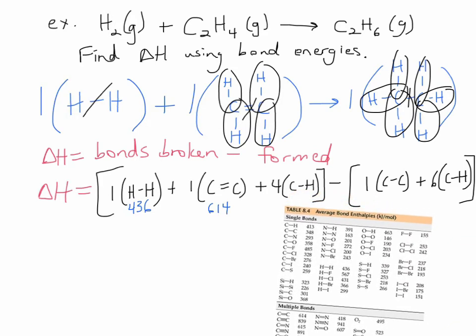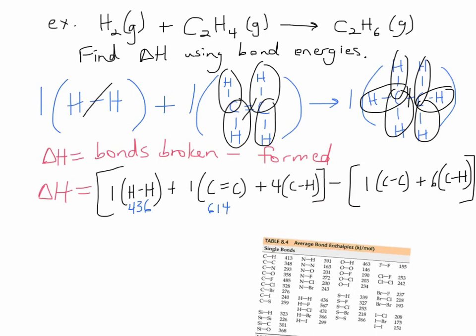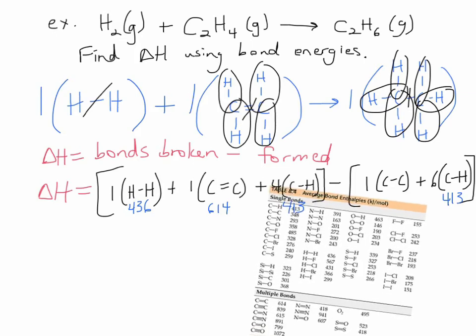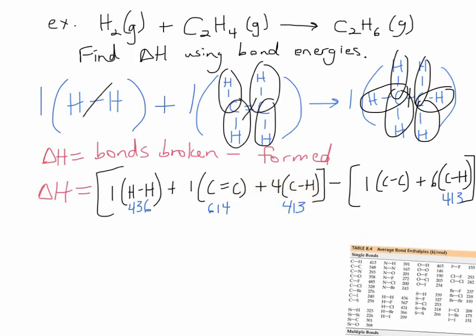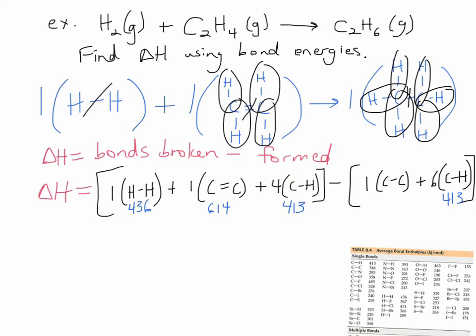C single bonded to H was 413. I'll write that again over here. 413, and C single bonded to C is 348. And again, you can have your homework sheet in front of you to see the average bond enthalpy table.